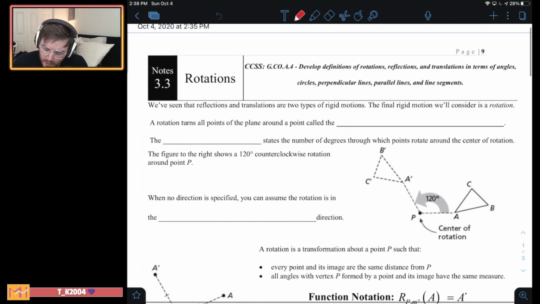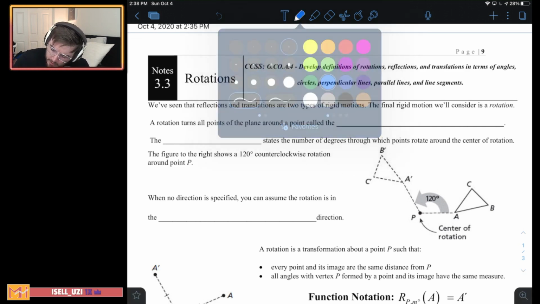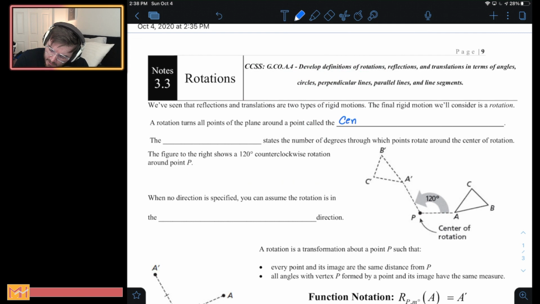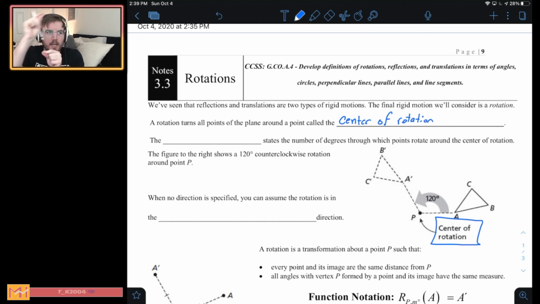So a rotation turns all points of the plane around a point called the, let's switch it up, let's do blue, center of rotation, which is this guy right here. You can see we're turning around that specific point, that point that we're rotating around, right? You can see my fingers going around my fist here.